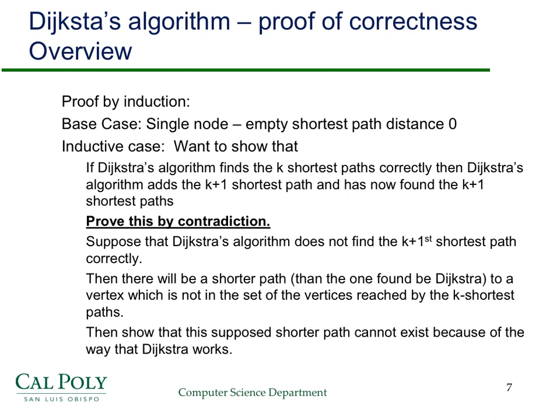Suppose Dijkstra's algorithm does not find the k plus first shortest path, then there must be a shorter path than the one found by Dijkstra to some vertex which is not in the set of vertices reached by the kth shortest path. Then we're going to show that that proposed shorter path cannot exist because of the way Dijkstra works.